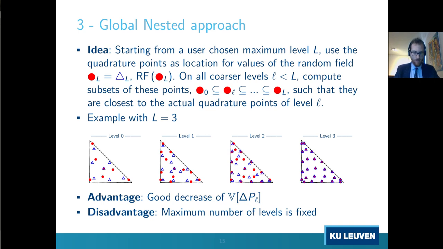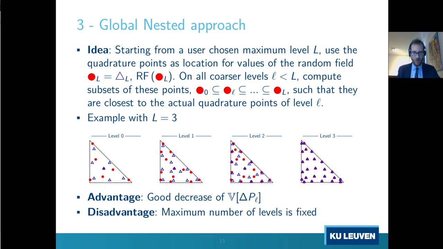On that maximal level L, you compute the discrete values of the random field in the locations of the quadrature points. I give the example with level 3 being the maximal level; there, the locations where you will compute instances of your random field equal the location of the quadrature points.